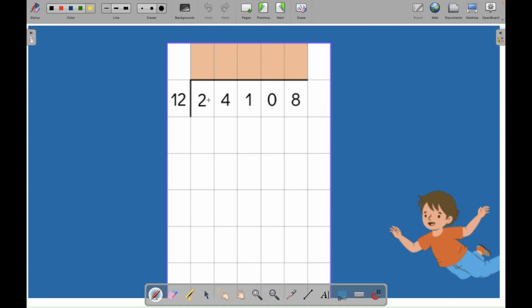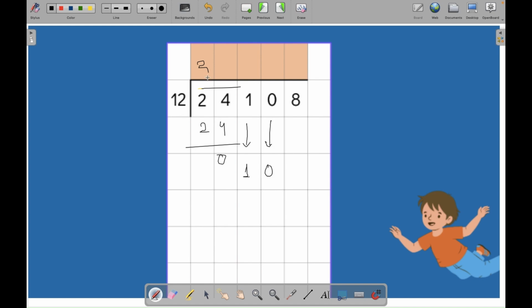Now another type of problem. 24108. Again 2 is smaller than 12, so we won't be taking 2. We'll be taking 24. So 12 twos are 24. 0 as the remainder. Then this 1 comes down. So we see that 1 is still smaller than 12, so we bring this 0 down as well.